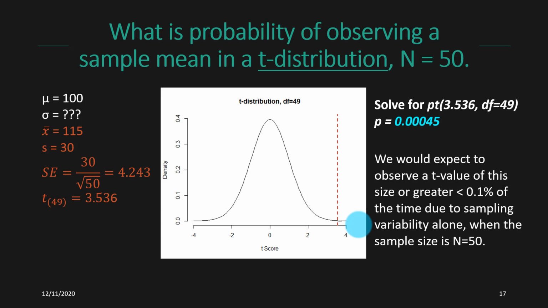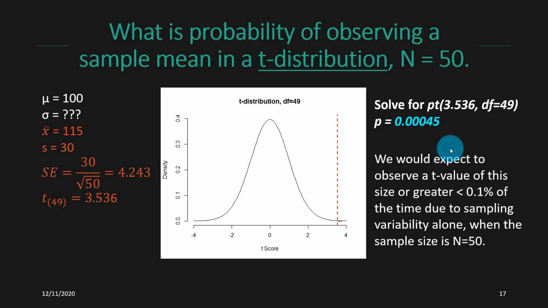And indeed it is, because if we solve for the probability of getting a t value of this size, the area under the curve to the right-hand side of that is only 0.0045. So we'd expect to observe a t value of this size or greater less than 1% of the time now, due to sampling variability alone when the sample size is 50.